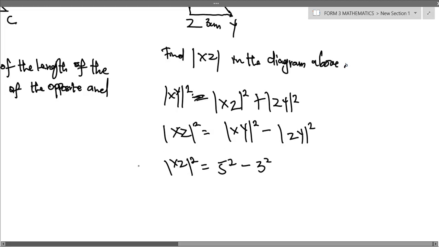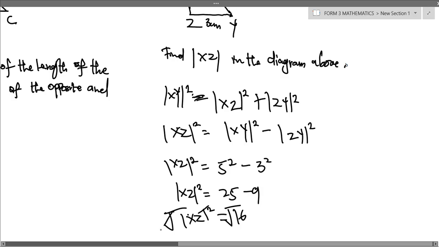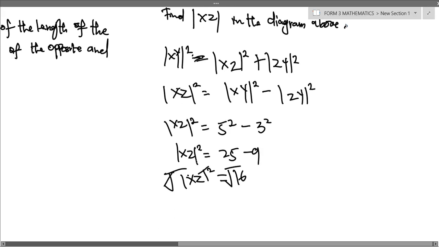What are we going to get? xz squared equals 25 minus 9. xz squared is equal to 16. xz equals 4 centimeters.